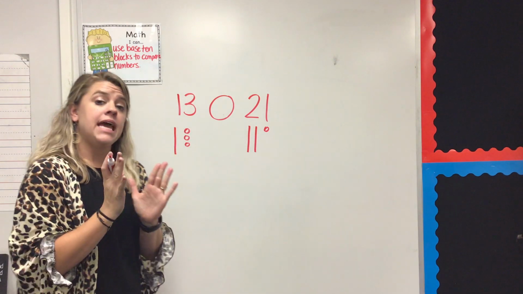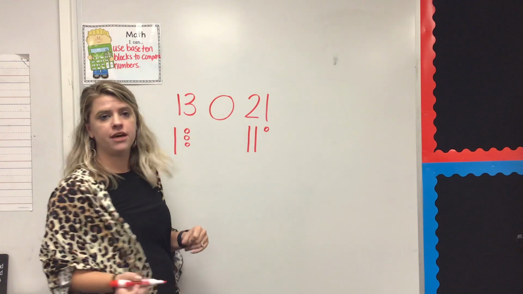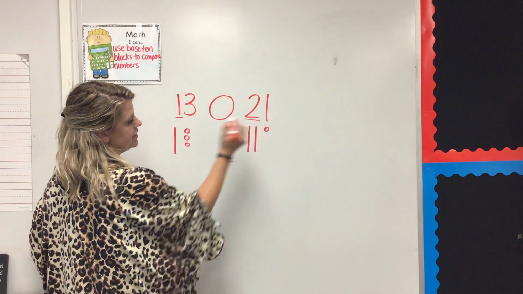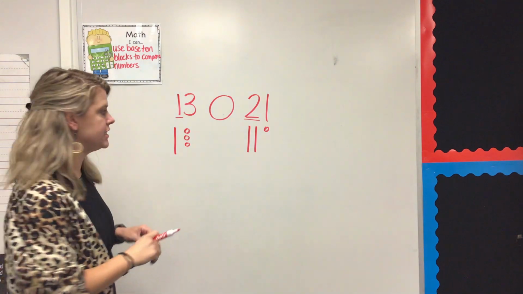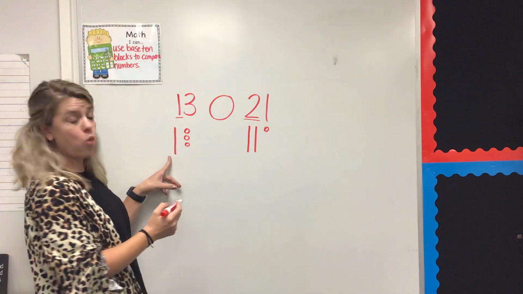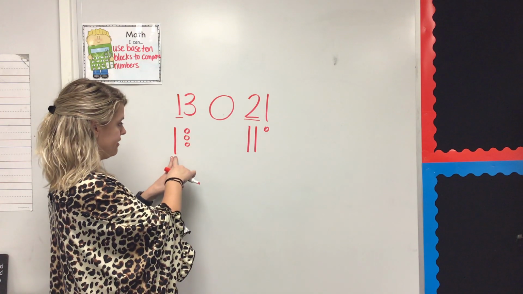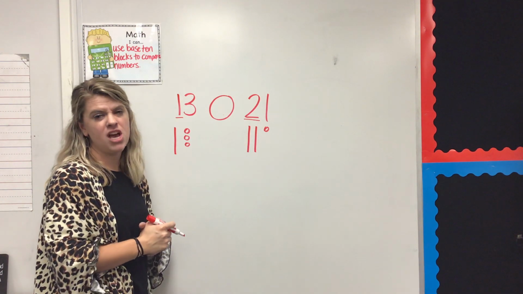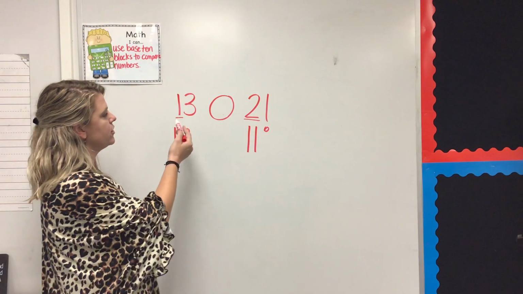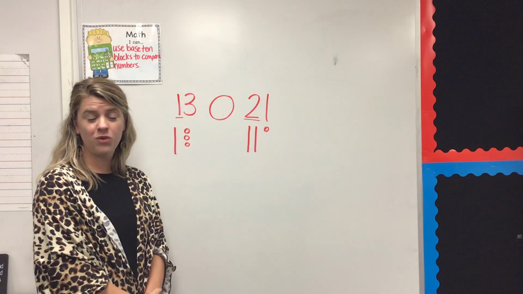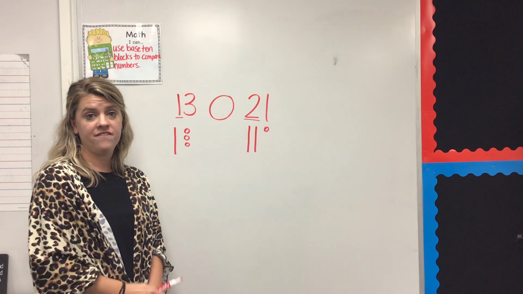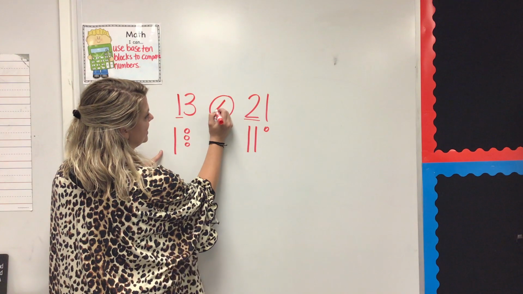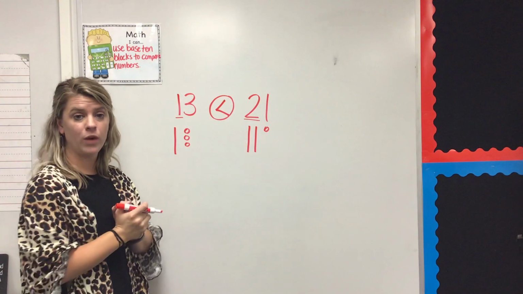Now, if we are looking at 2-digit numbers, we're always going to start with the biggest value digit, which is our number in the tens. I see that the number 13 has 1 10 rod and the number 21 has 2 10 rods. So what can I say about the numbers 13 and 21? Very good. I'm going to say that 13 is less than 21.